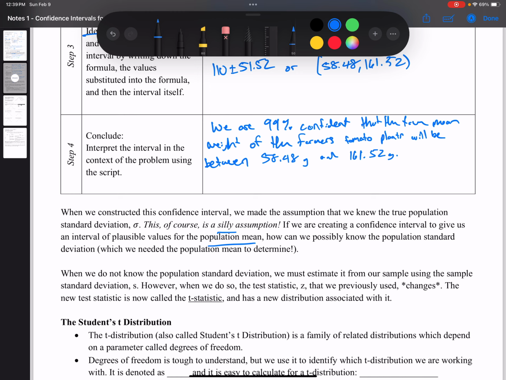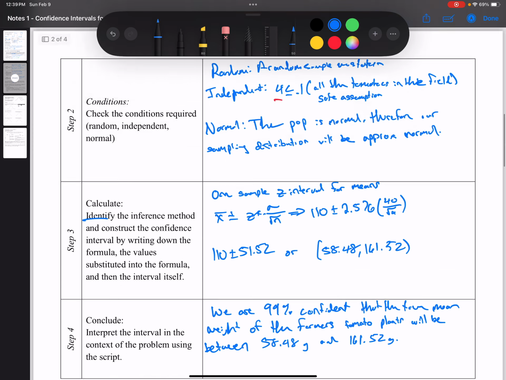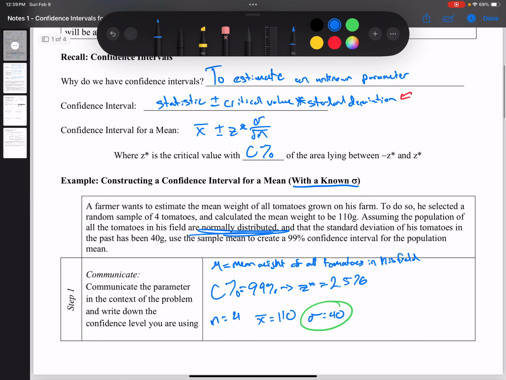So why are we running through this problem with this assumption when we don't have any idea where the mean is? That's why most of the time you are not going to have a known standard deviation. Most of the time it's going to be unknown, and that's where things change up a bit.